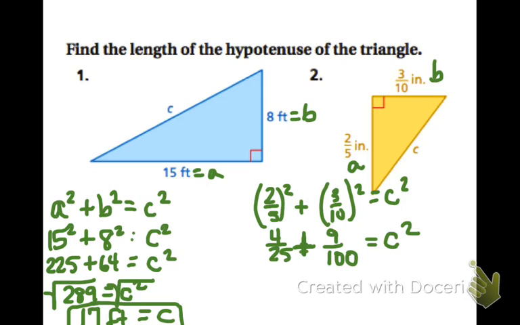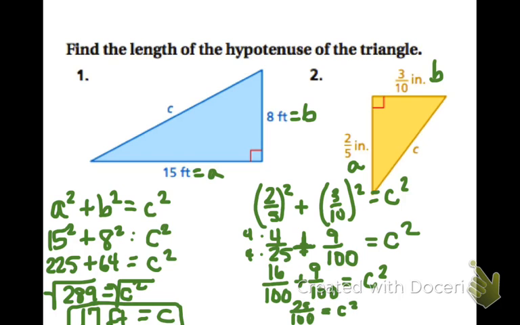To add fractions, we must have a common denominator, and we can easily multiply the first numerator by 4 and denominator by 4 and rewrite this to be 16, an equivalent fraction, 16 over 100 plus 9 over 100 equals c squared. 16 plus 9 is 25, so 25 over 100 is equal to c squared.